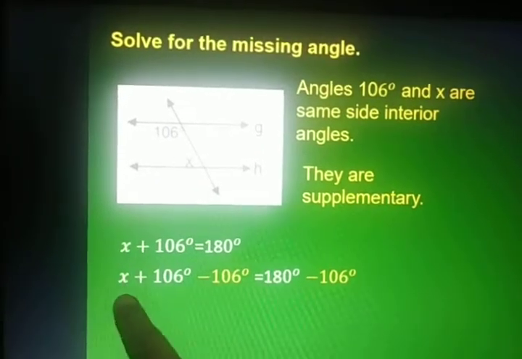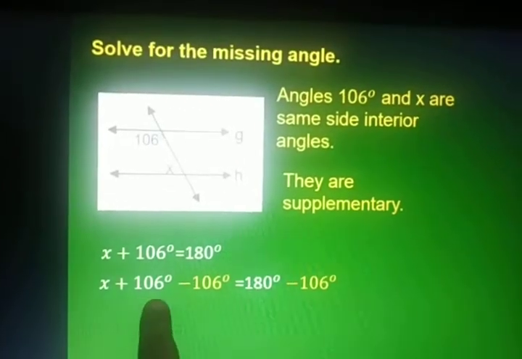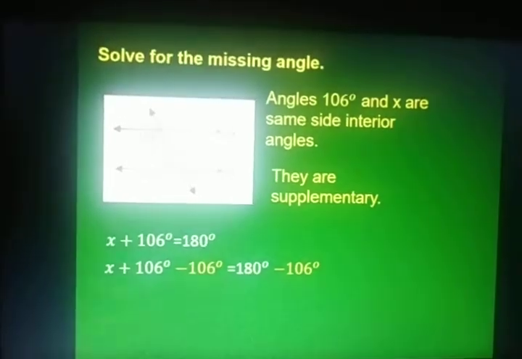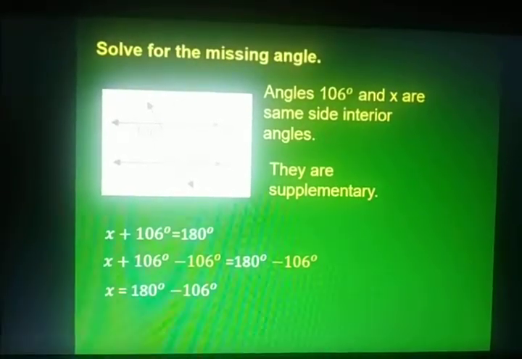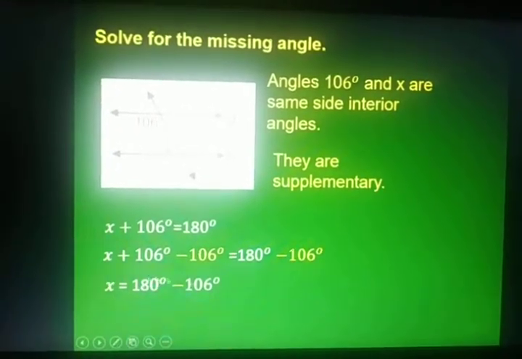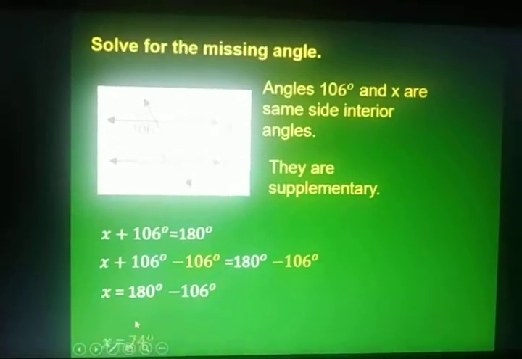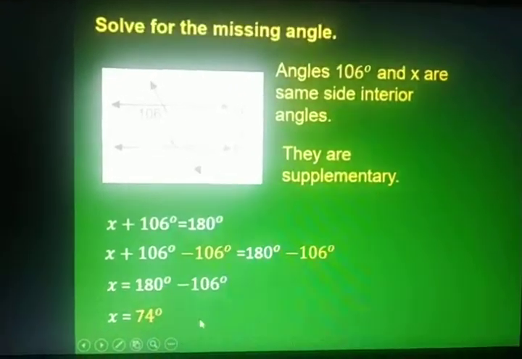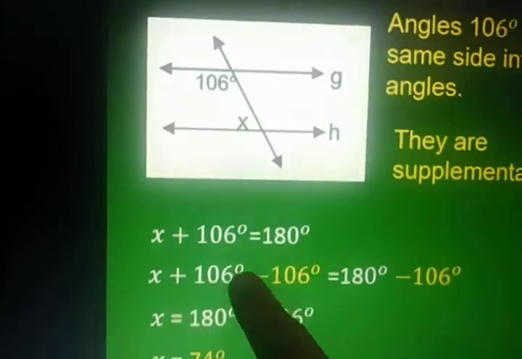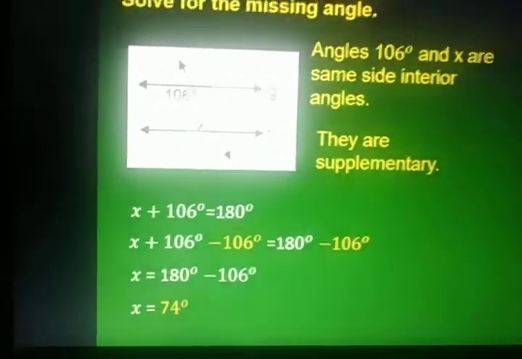And so, what will remain is, you copy x, and then this will become 0, equals, tapos isubtract mo. Okay, so that's x equals 180 degrees minus 106. So, isubtract mo na dayon. That is x equals 74 degrees, which means this is 74 degrees. Okay, your x is 74 degrees.